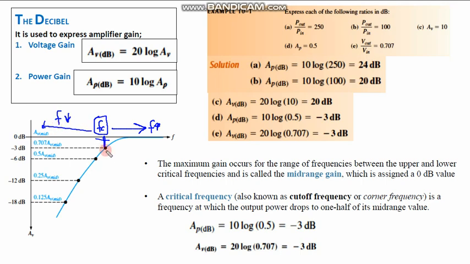This is the cutoff frequency. The property of this cutoff frequency is that at this particular point, there will be a drop of 3 dBs in the voltage gain.